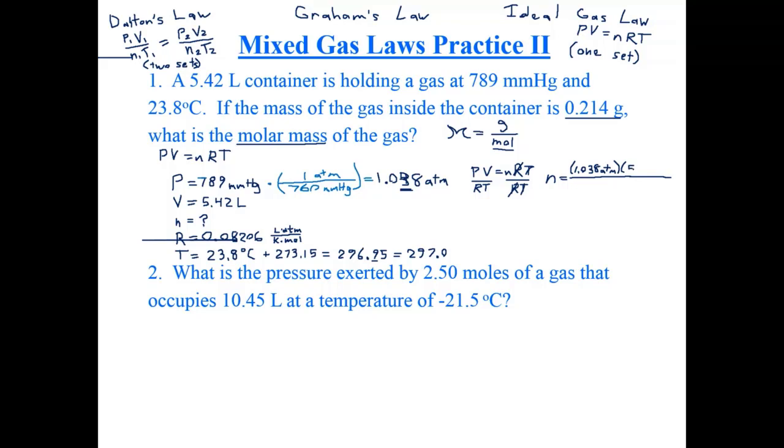Pressure times volume, so 5.42 liters. And then our R value is 0.08206 liter ATM over Kelvin moles.